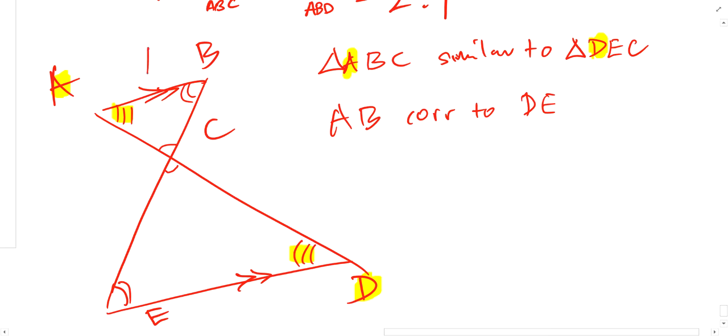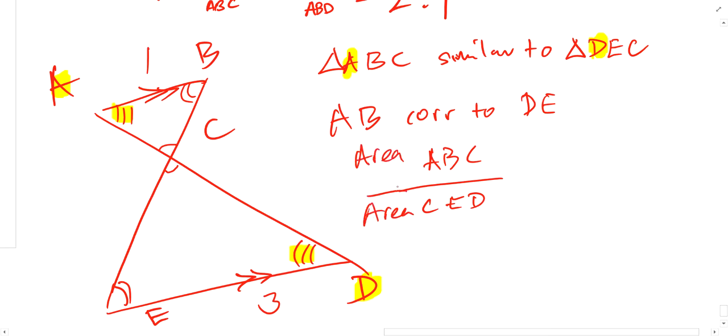Then let's say this is 1 and this is 3. What is the ratio of area ABC over CED? Ratio of area again. What is it? 1:9? Correct, because similar triangles.